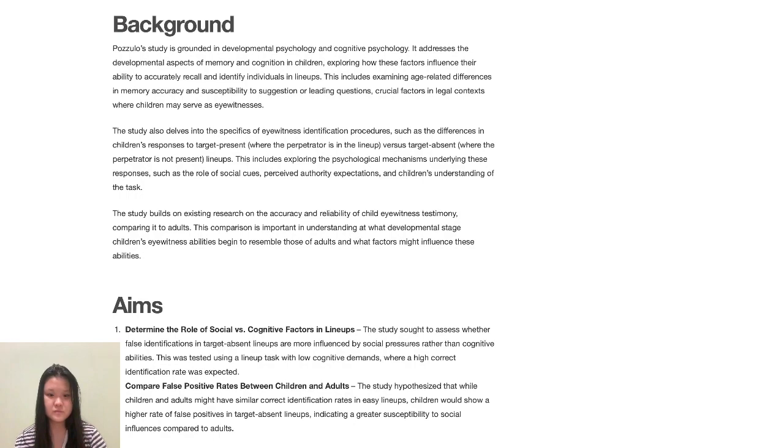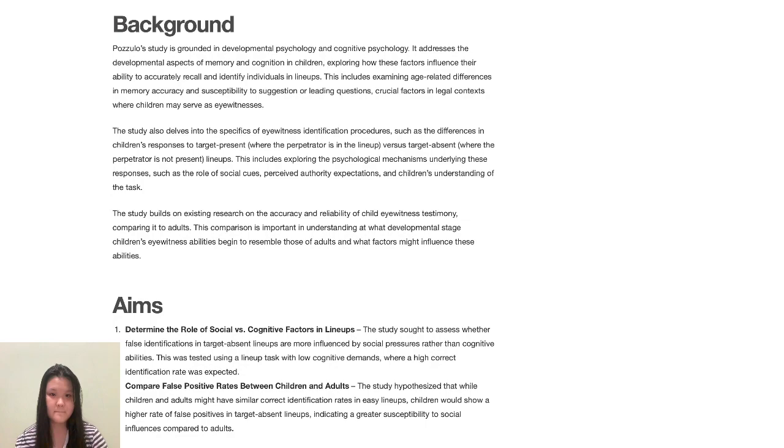It's shown that children are more likely to make incorrect decisions in lineups, and this is related to social and cognitive factors. So sometimes they might feel pressured to choose someone, even if the suspects in front of them are not identifiable to them.